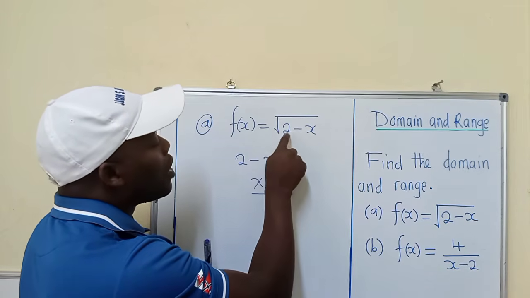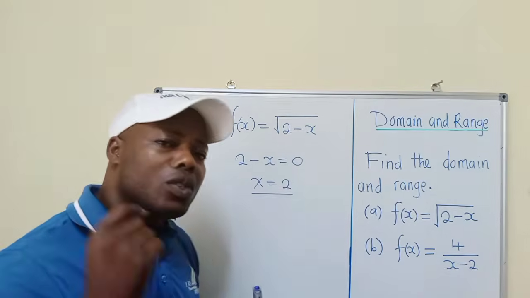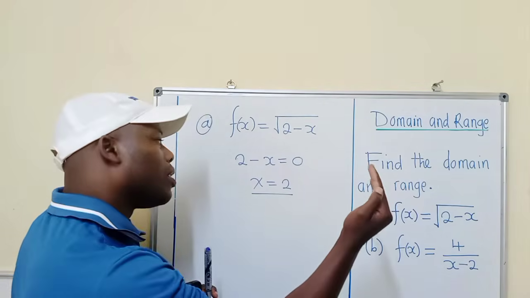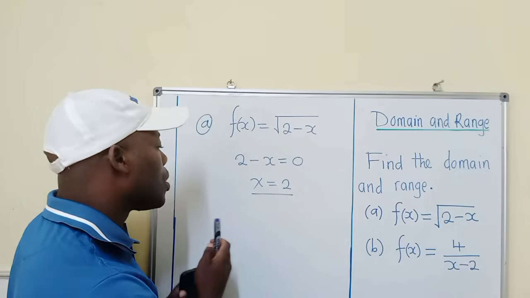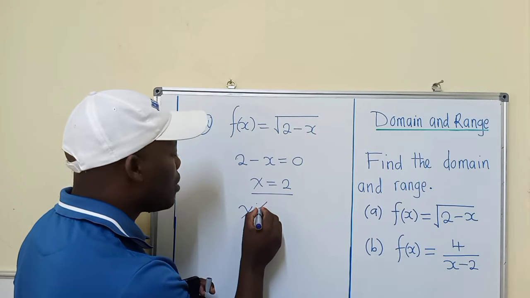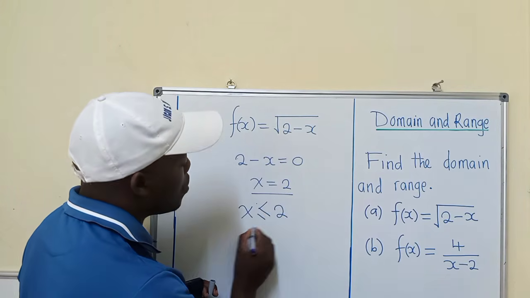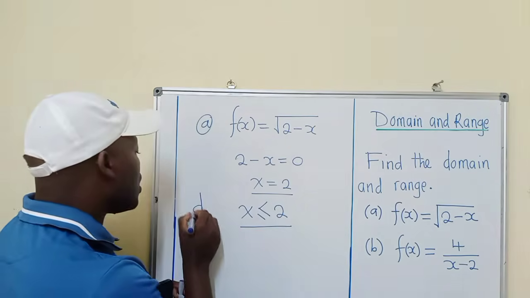We'll get 2 plus 2, which is a 4. Square root of 4 is a 2. So you see, it's working out. All numbers equal or less than 2, it's working. So we're going to say x is less than or equal to 2. You see, x is less than or equal to 2 is our domain.